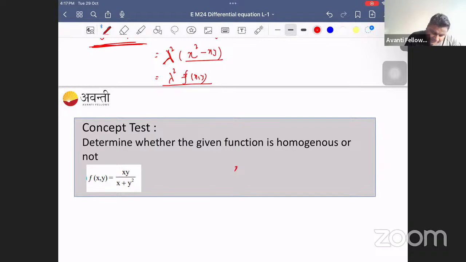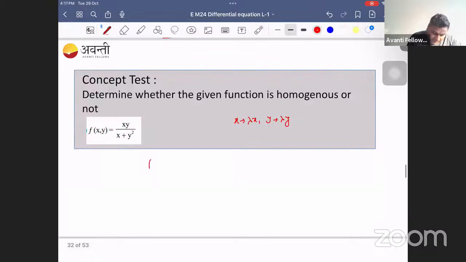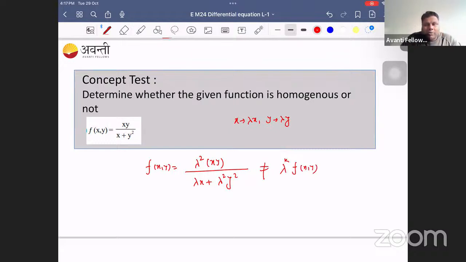Because if you replace x by lambda x and y by lambda y, then in f of xy, the numerator will become lambda square xy, and the denominator will be lambda x plus lambda square y square. Now one lambda gets cancelled out, but it cannot be written as lambda times f of xy or lambda to any power. You cannot write it like this. Getting my point? So this is not homogeneous. As simple as that, the degree of numerator should be equal to the degree of denominator in this form of function.